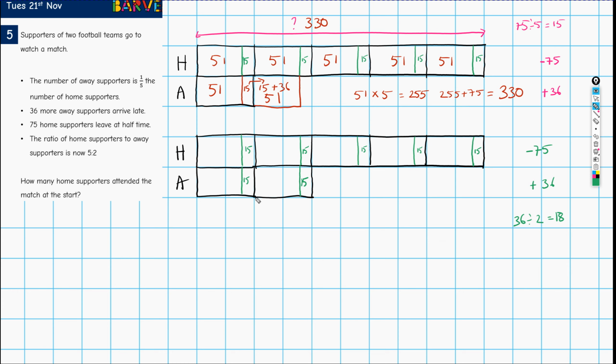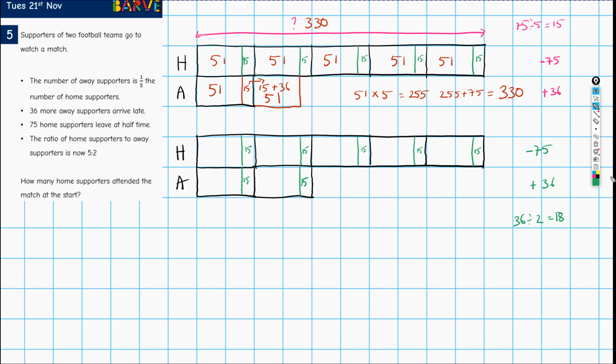So we've now got 2 parts matching 2 of the 5 parts. But how do we account for this additional 36? Well, we've got to distribute them across these 2 bars.